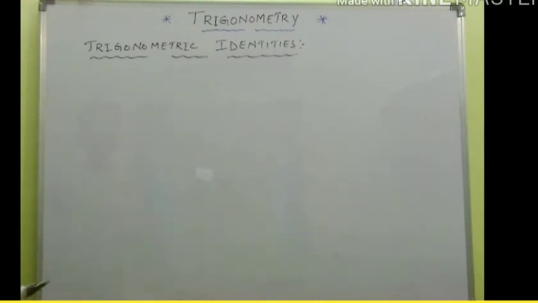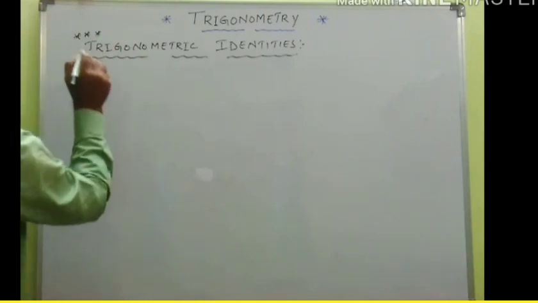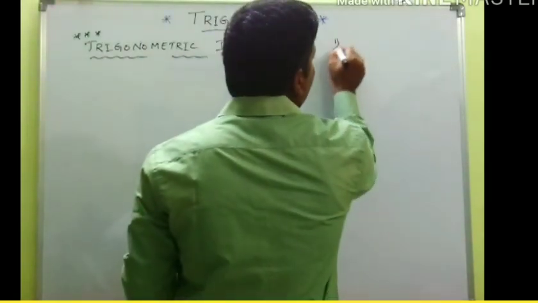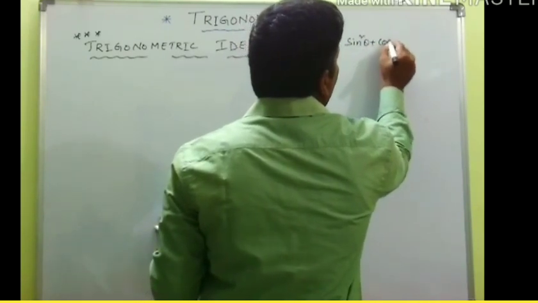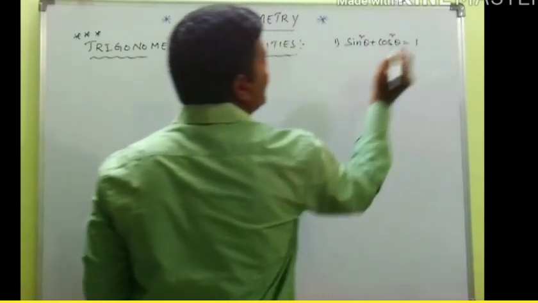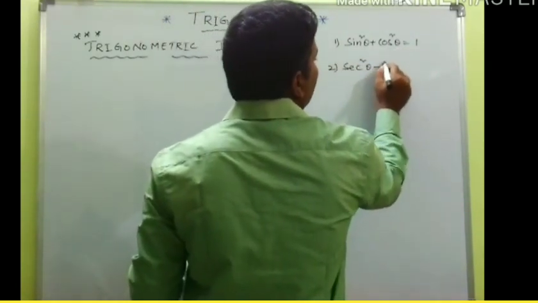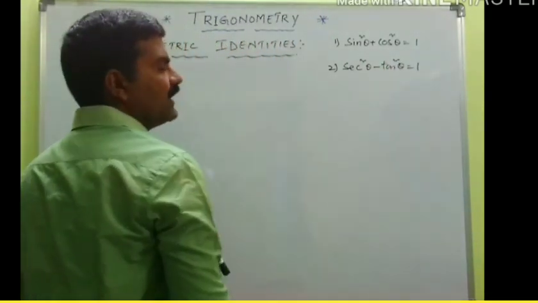So the next most important concept is about trigonometric identities. There are 3 standard identities. One is sin square theta plus cos square theta is always 1. The second one is secant square theta minus tan square theta is equal to 1.